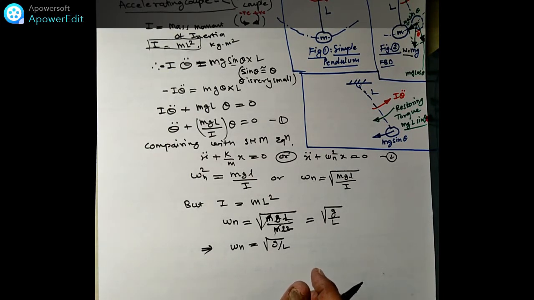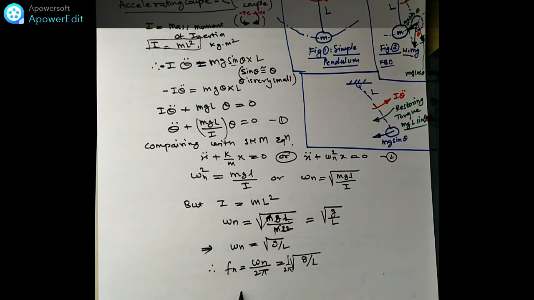What we have to find out here is the natural frequency. Therefore Fn is equal to omega n by 2 pi, which is your formula. So under root of g by L times 1 by 2 pi.